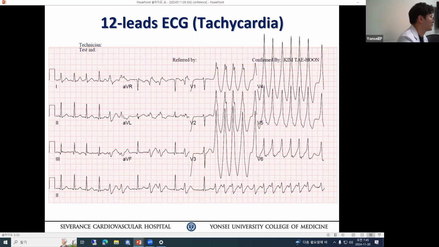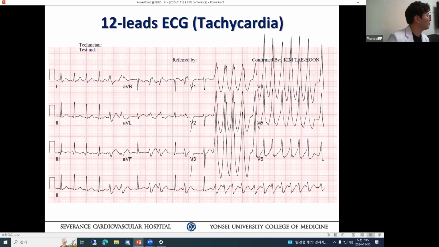Second, the first part of the QRS is higher than the second part in every precordial lead. It's also an interesting sign for me, and it's more than VT.